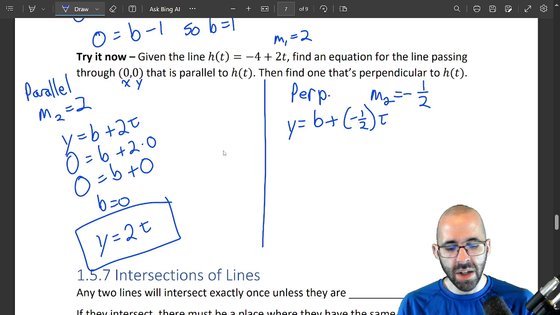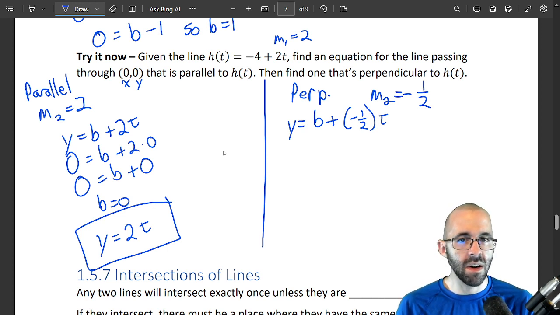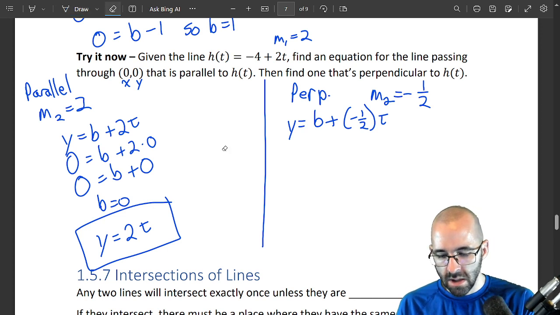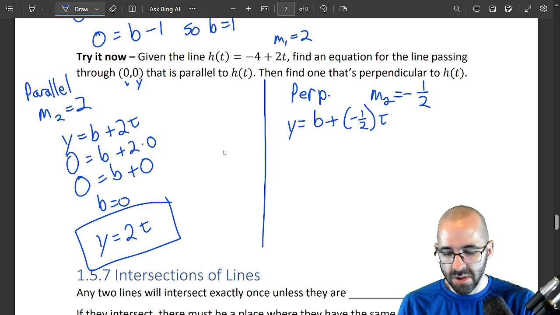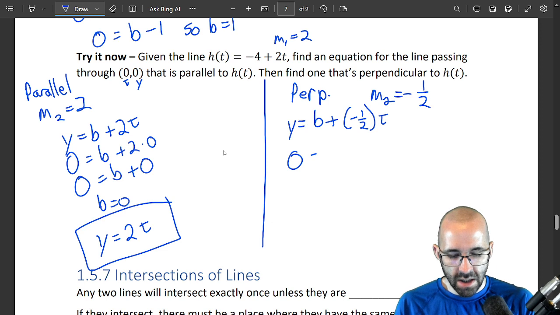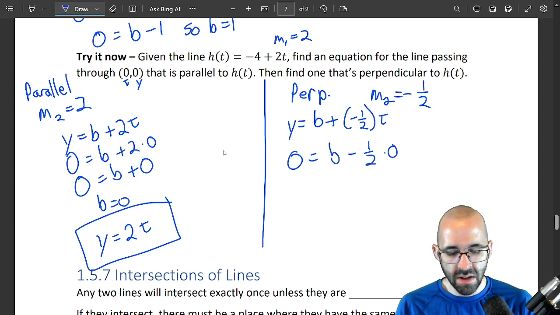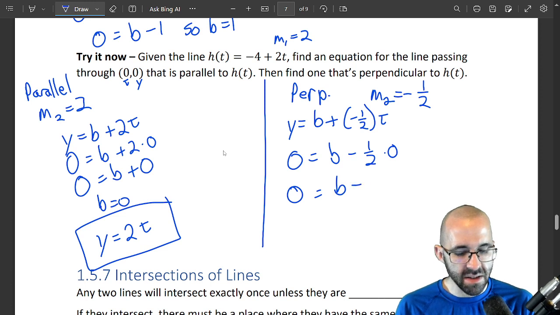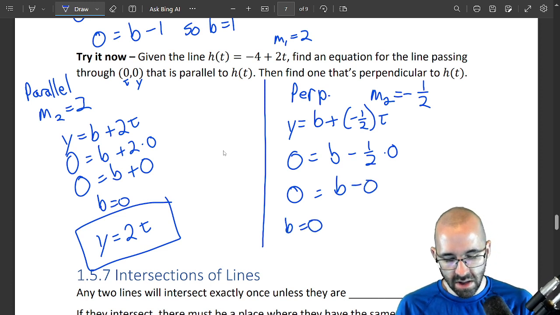And specifically, we know that t here is going to be 0. Right? It needs to go through 0, 0, so our t value and our y value are both going to be 0. We get 0 is equal to b minus 1/2 of 0. And again, we're just going to find that b is 0. Here, y is going to be negative 1/2 times t.